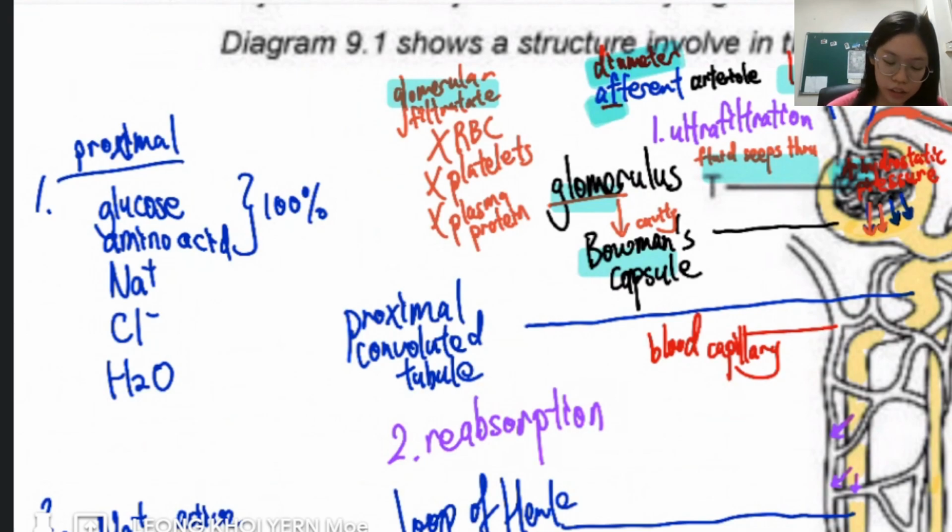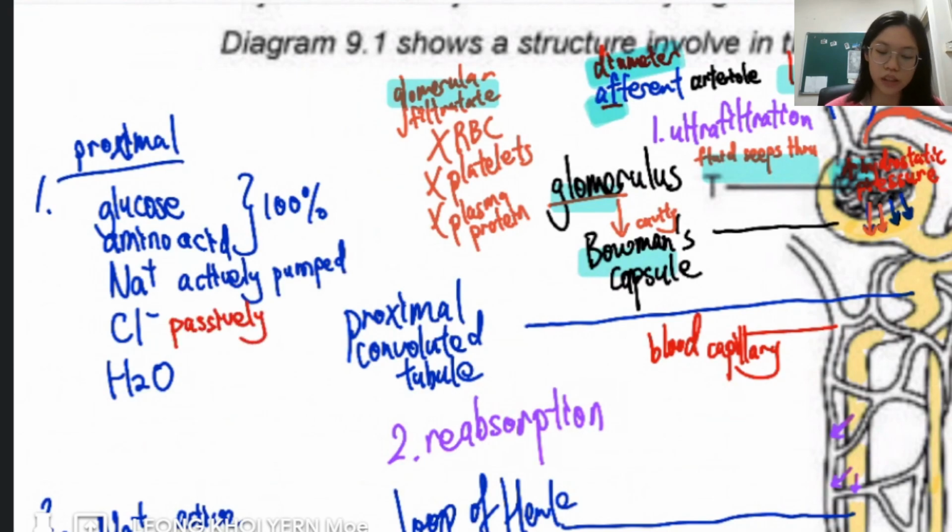Other than that is your sodium ion. It will be actively pumped into your blood capillary. But chloride is a bit different from the other three. It is passively absorbed, passively transported.